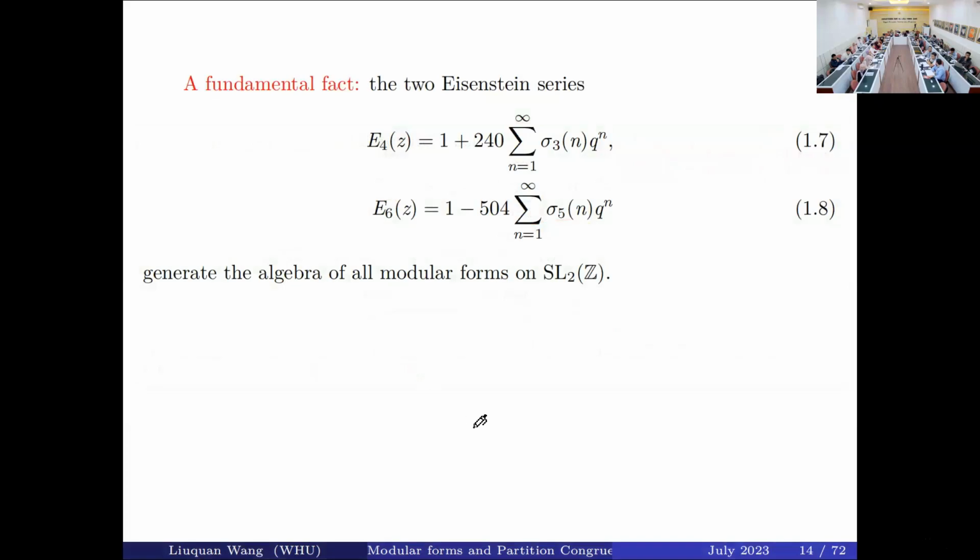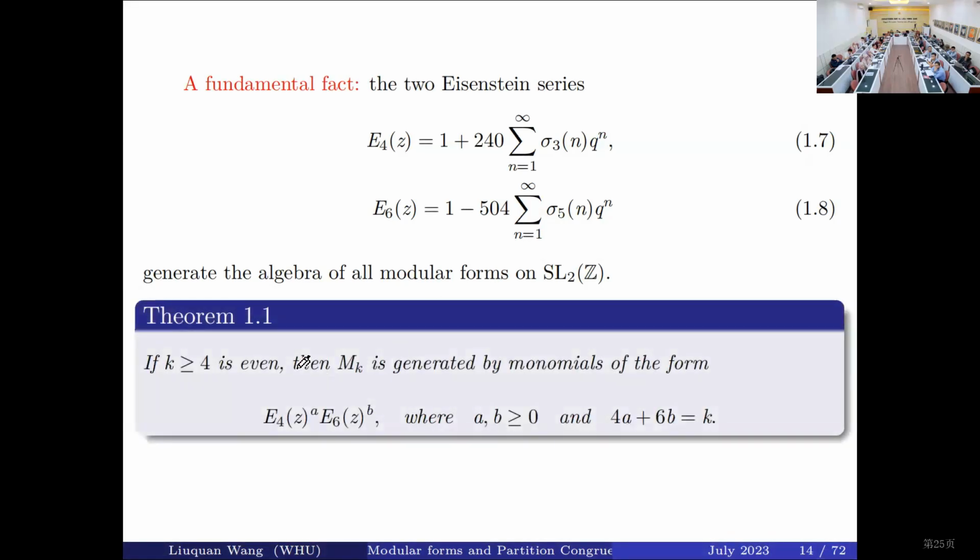Okay, there are two fundamental facts here. The two Eisenstein series, E4(z) and E6(z), generate the algebra of all modular forms on SL2(Z). So what does this mean? This means that for any even positive integer k greater than or equal to 4, the space of weight k modular forms on SL2(Z) is generated by monomials of the form E4 to the a-th power times E6 to the b-th power.